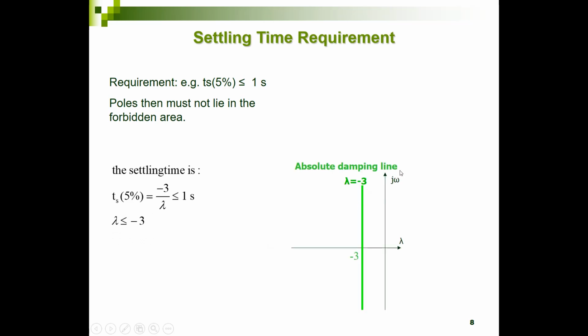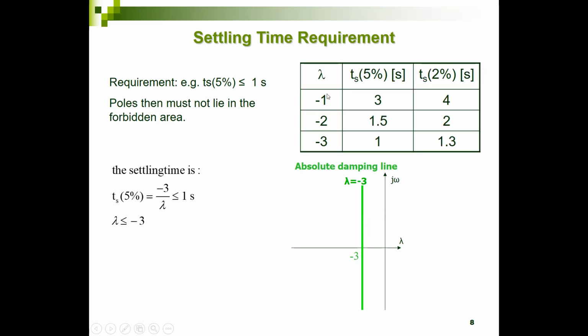So, this is my S domain again, so we can draw a vertical line, a line at which all values of lambda are constant, and we can say, well, these poles may not be to the right of this line, because when they are to the right of this line, my settling time increases, which is depicted in this table over here.